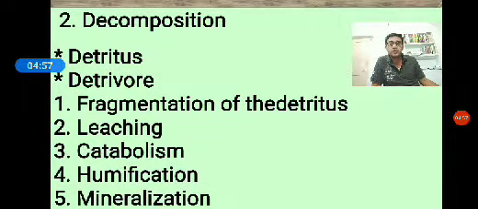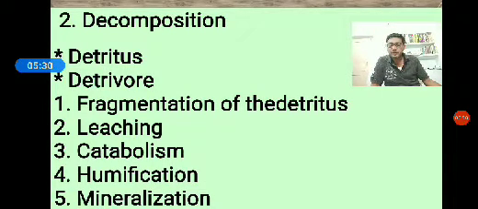The dead and decaying organic matter is called detritus. The animal which feeds on the detritus is called a detritivore. The best examples for detritivores are earthworm, some fungi, bacteria, maggots, woodlice, etc.